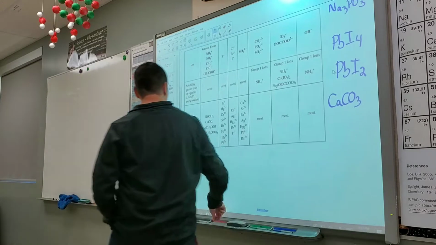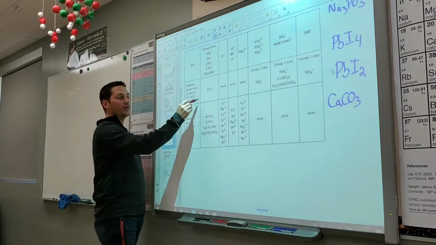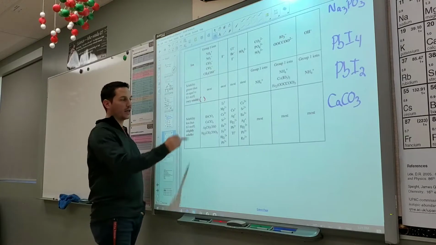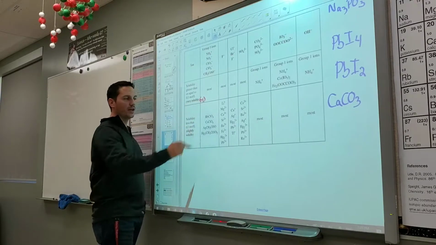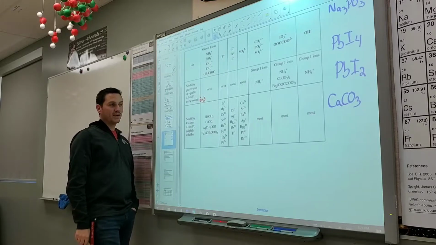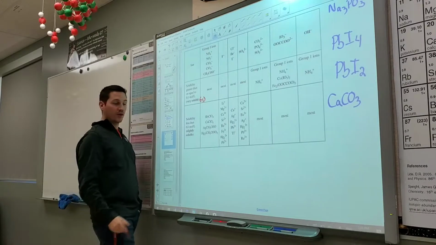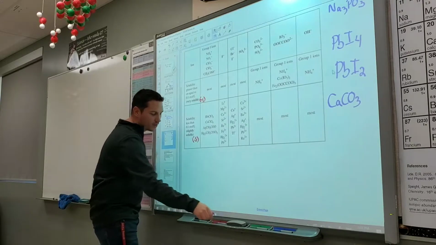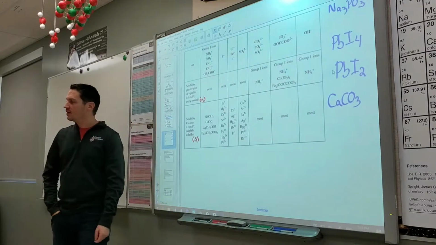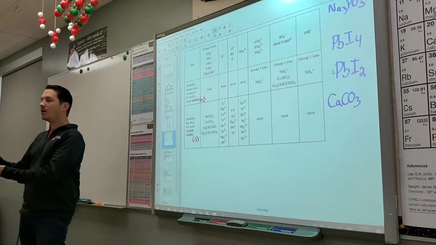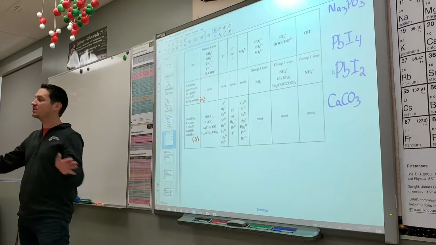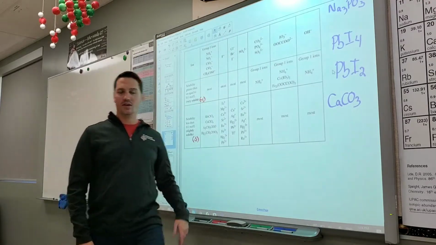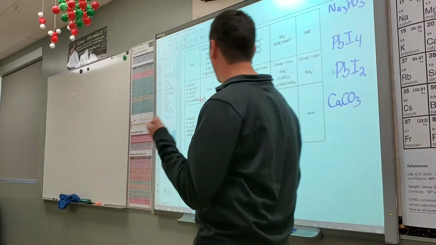Keep in mind, if they're very soluble, what do we write in the brackets? AQ for aqueous. If it's only slightly soluble, how do we write that? Solid. What's happening here is when I add some ionic compounds, all of it will break up. When I add others, they will only a little bit break up, okay?